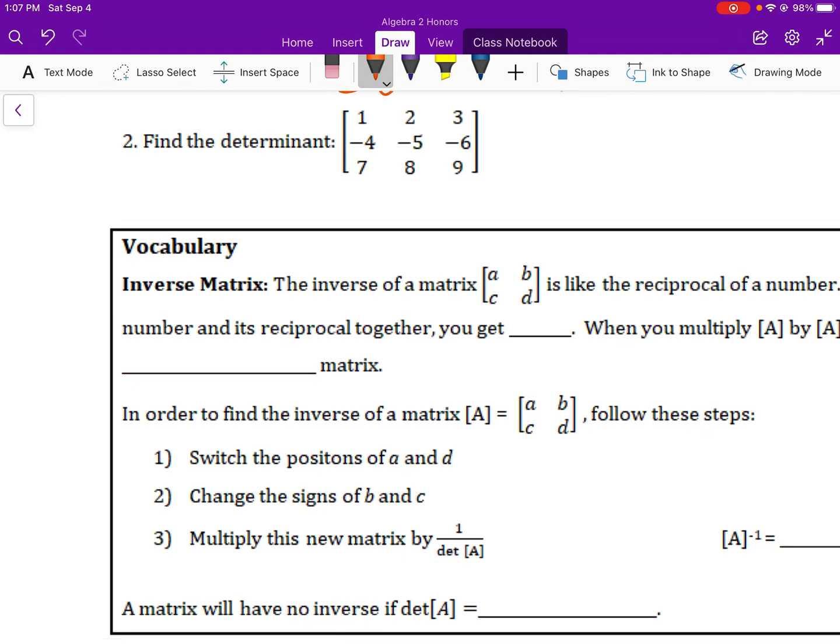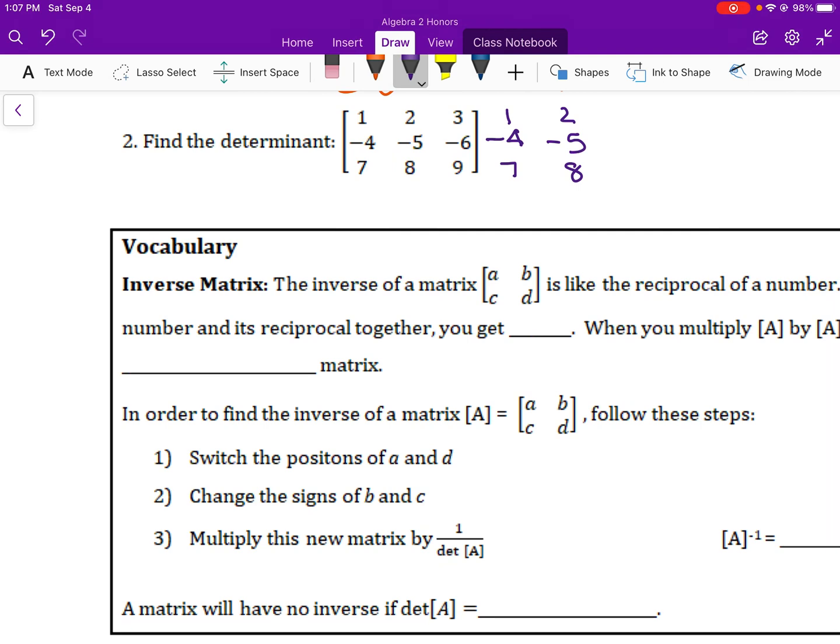For a 3 by 3, finding the determinant, remember we said we're artificially extending the matrix by stealing the first 2 columns and just copying them over to the side. So 1, negative 4, 7, 2, negative 5, 8. And then we are going to be again taking diagonal products. Let's erase these.